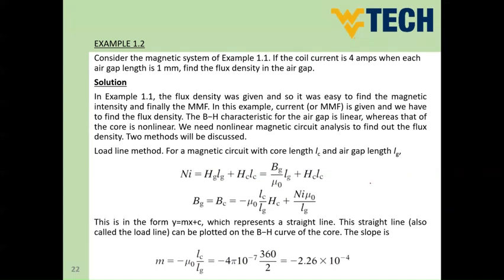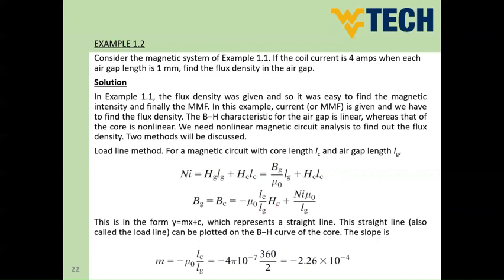So in order to do that, guys, what we need to do is create a straight line equation from our Ampere's law and draw this straight line on top of the BH curve of our core in order to get the point of intersection and get the value of B. Why again? If you have a look at this relation here, guys, we don't know the value of H core.